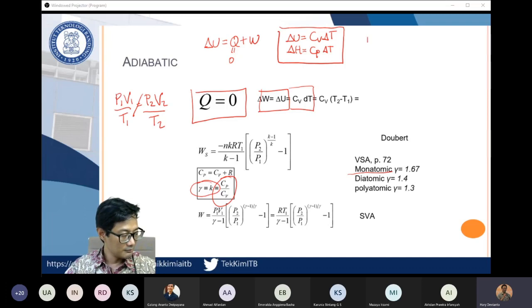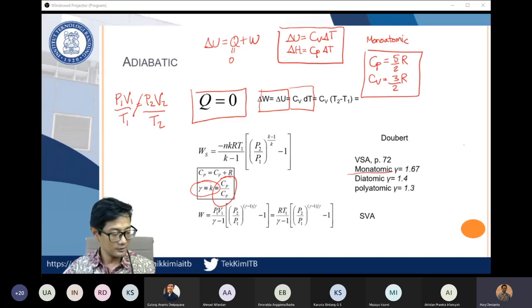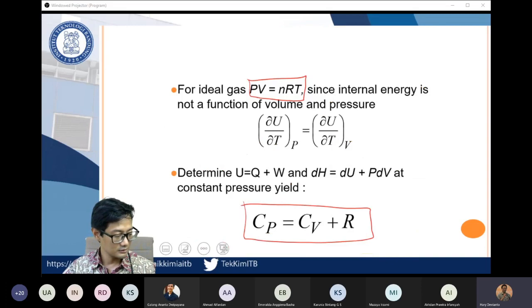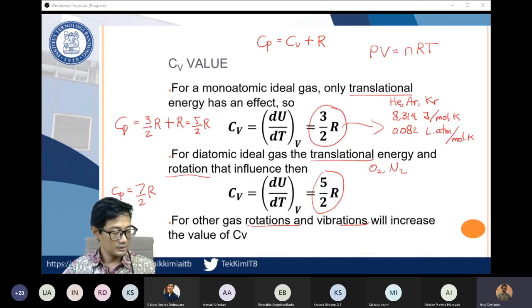For monoatomic, Cp is equal to 5/2 R, while Cv is equal to 3/2 R. Please recall this one, or we can revisit. Okay, this is the value of Cp and this is the value of Cv. Remember both of these values.